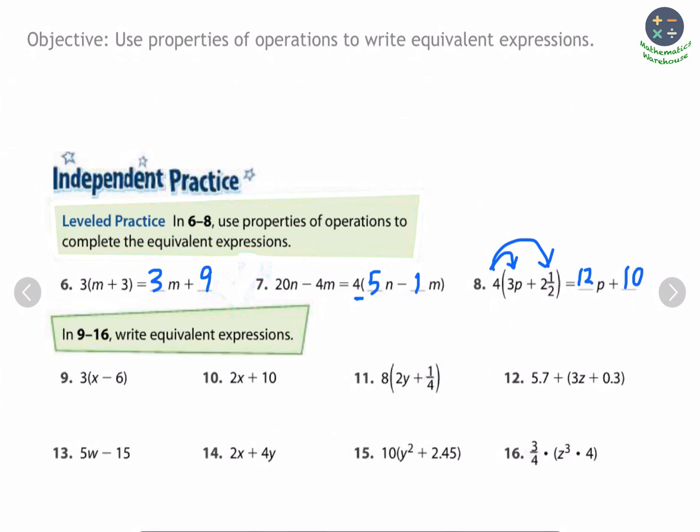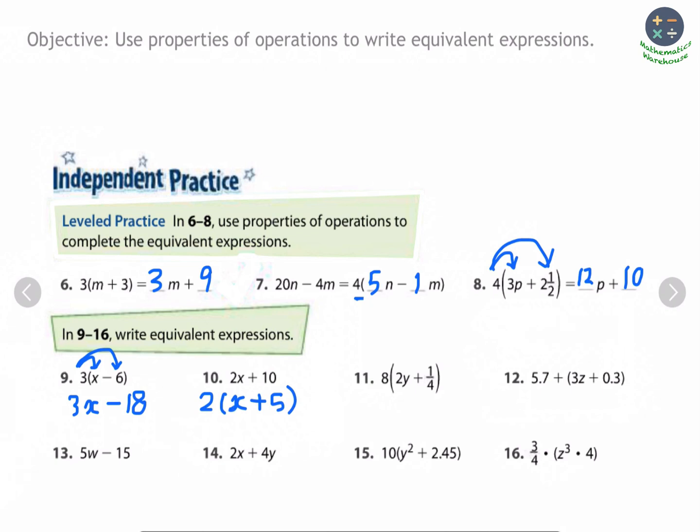Now, in 9 to 16, write equivalent expressions. First one, using the distributive property, it would be 3x minus 18. We just multiplied 3 by both terms inside the bracket. Number 10, we have two answers. The first answer is to take the common factor 2, so it would be 2 and the bracket x plus 5.